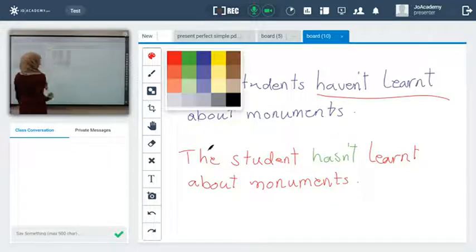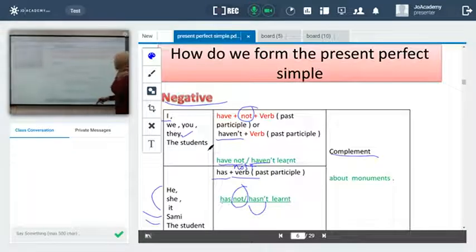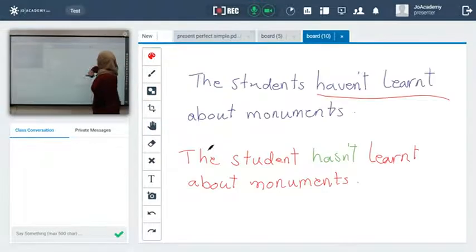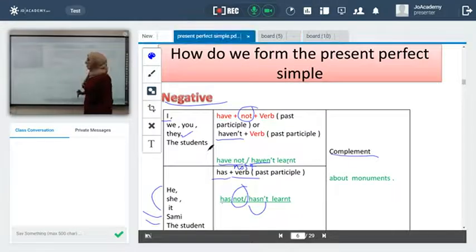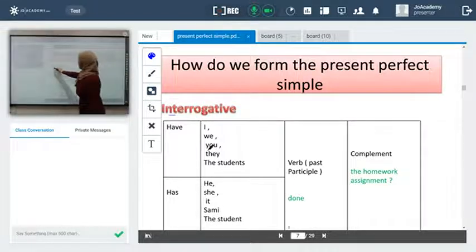Okay. So now we have learned how to form sentences in the negative form in the present perfect tense. Simple case, of course. Now we are going to learn how to form questions. So how do we form questions or the interrogative case?